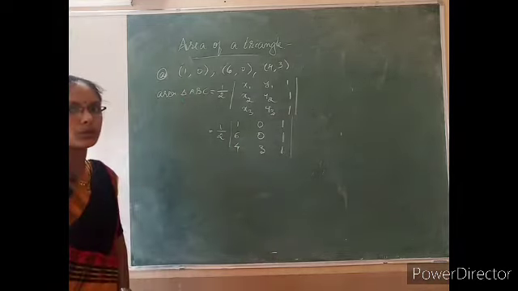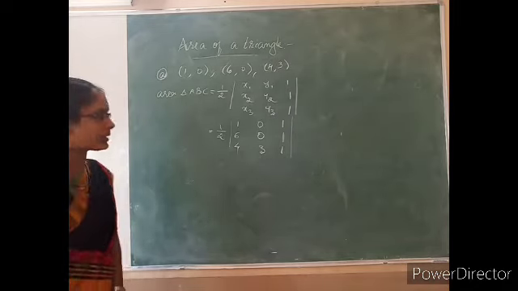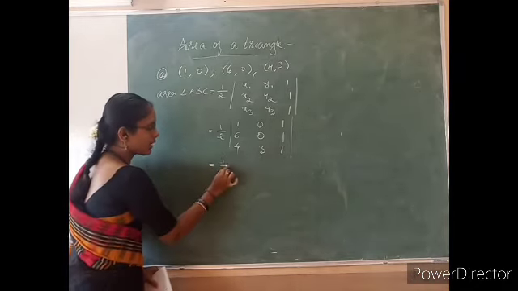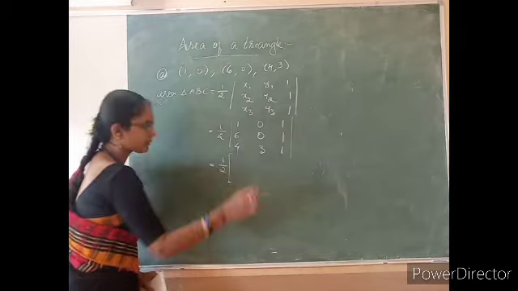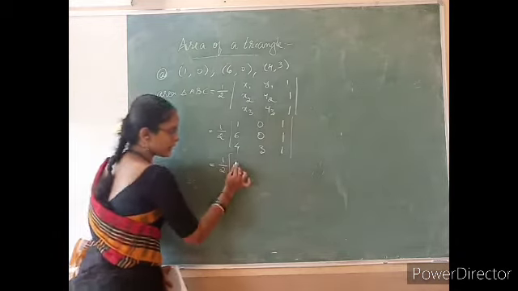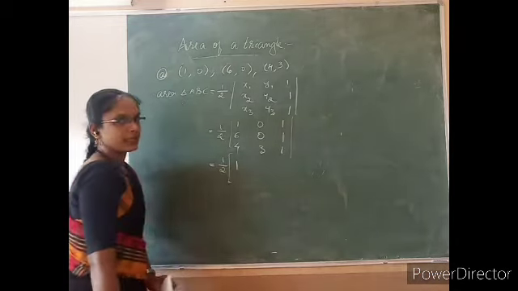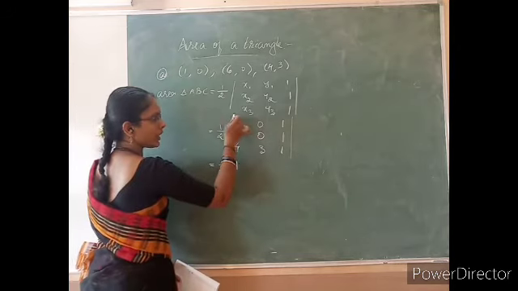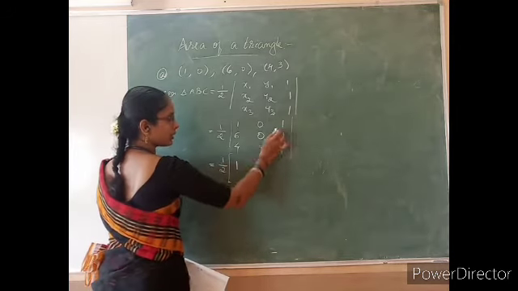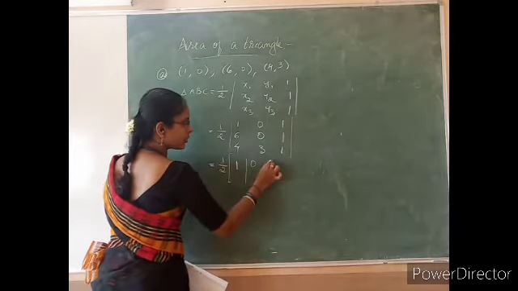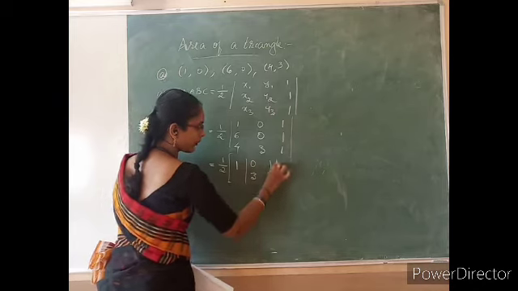A 3 by 3 determinant, you know the evaluation of a 3 by 3 determinant. So this is equal to 1/2 into, first one, 1 into, delete the first row and first column, you will get a 2 by 2 determinant. What is that? 0, 1, 3, 1.